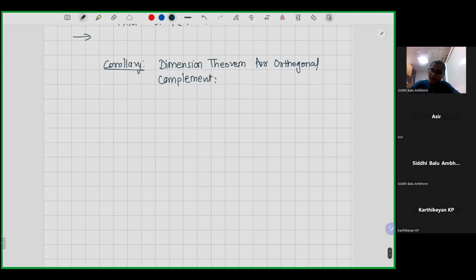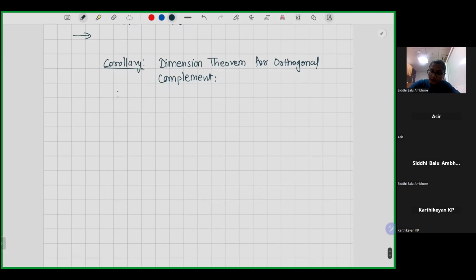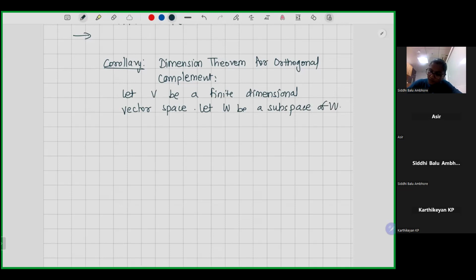It says that if V is a finite dimensional vector space and W is a subspace of V, then the dimension of V is equal to the dimension of W plus the dimension of W perp.